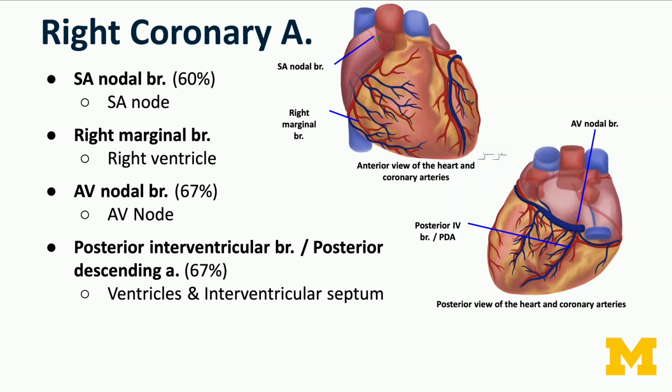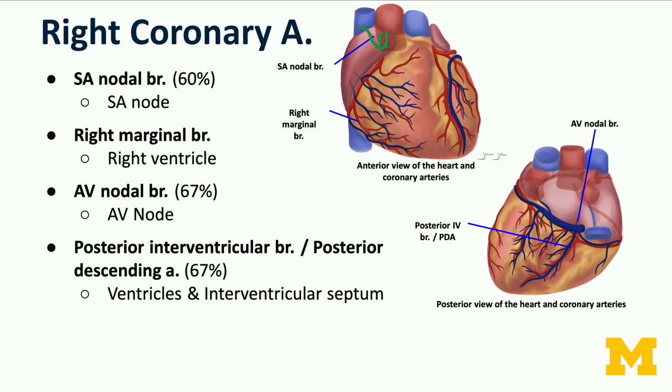Let's take this coronary artery by coronary artery, branch by branch, and let's just start with the right coronary artery, or the RCA. So the RCA leaves the ascending aorta, and its first branch typically is called the SA nodal branch.